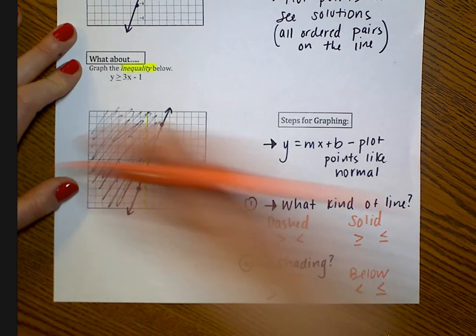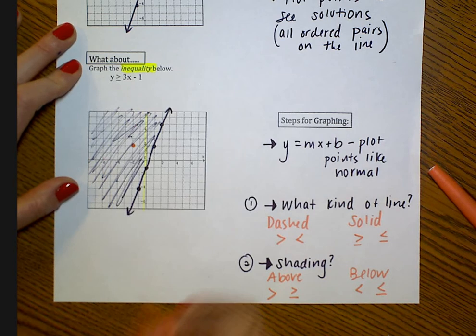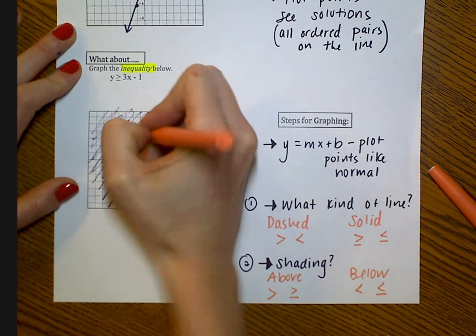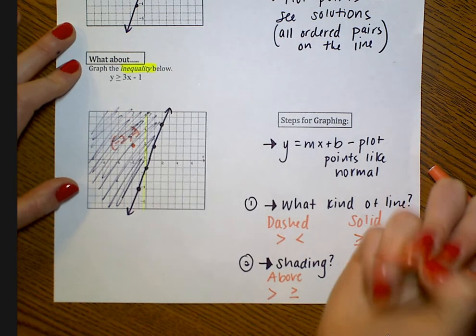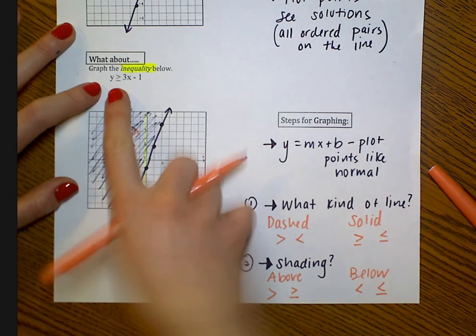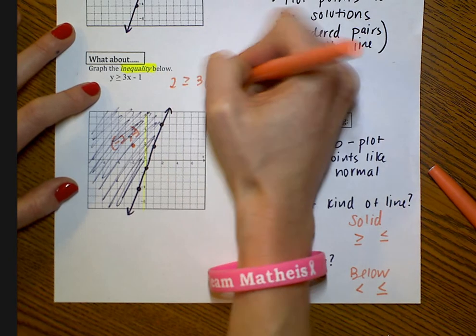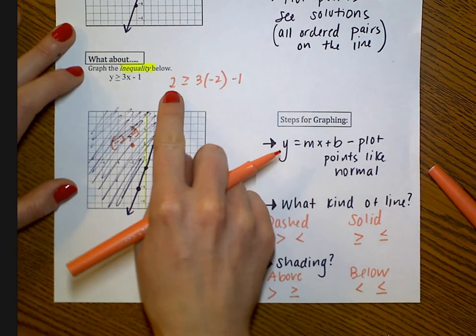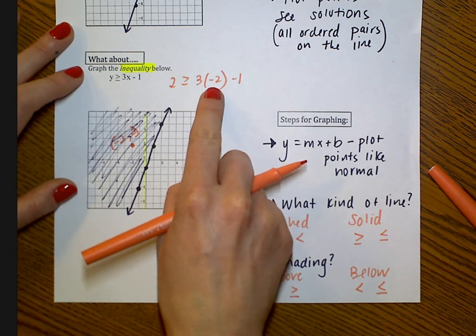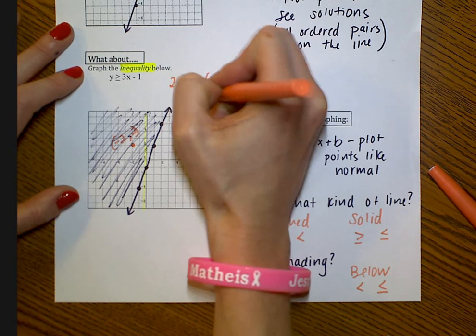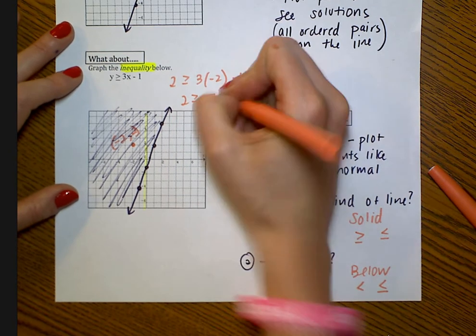So let's randomly pick a point right there. That's the ordered pair (-2, 2). I can test that. If I plug in 2 for y and -2 for x, that should make this true. 3 times -2 is -6, minus 1 is -7. And yes, 2 is bigger than -7. So that was a solution, that worked.